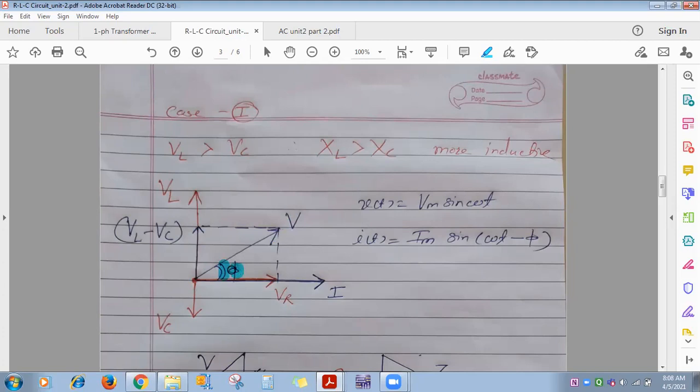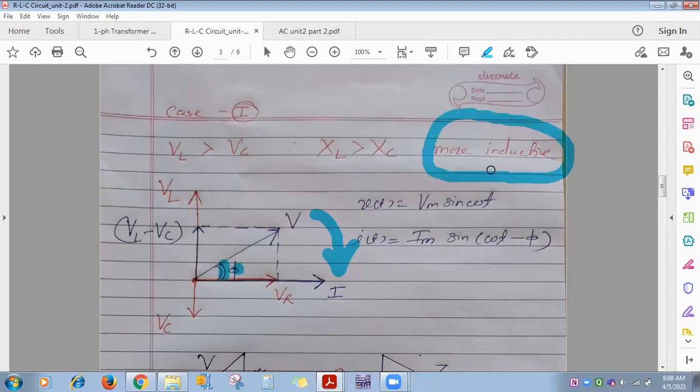And if you see the phasor diagram, current lags, because a lagging parameter in a phasor diagram we measure in the clockwise direction. So current with reference to voltage is in the clockwise direction, which means current lags V by an angle phi. And it's obvious because it's a more inductive circuit.